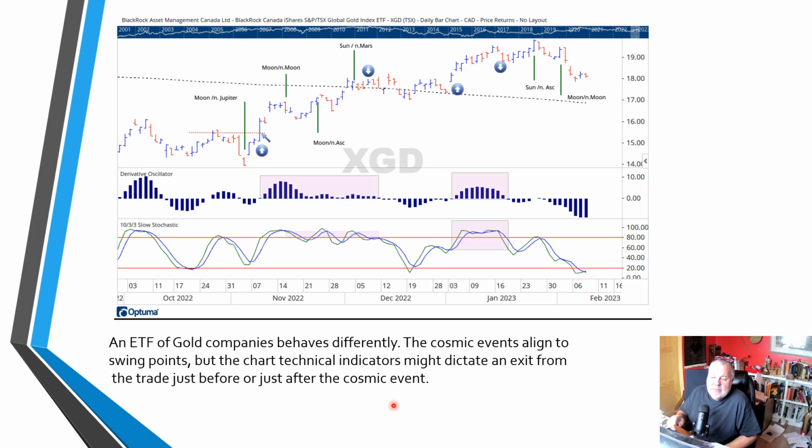And so that's why, when I use an ETF and I see an indication on the gold futures that I should be buying, a lot of times I will get a similar buy signal on the ETF.